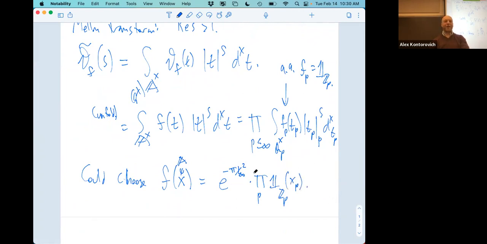That is a perfectly fine function. In fact, this is a nice function in our Adelic Schwartz space. At all the finite places, we just get the indicator function, and here we get this exponential function. And so these two things are the same. So the indicator function of Z_p is the p-adic Gaussian.